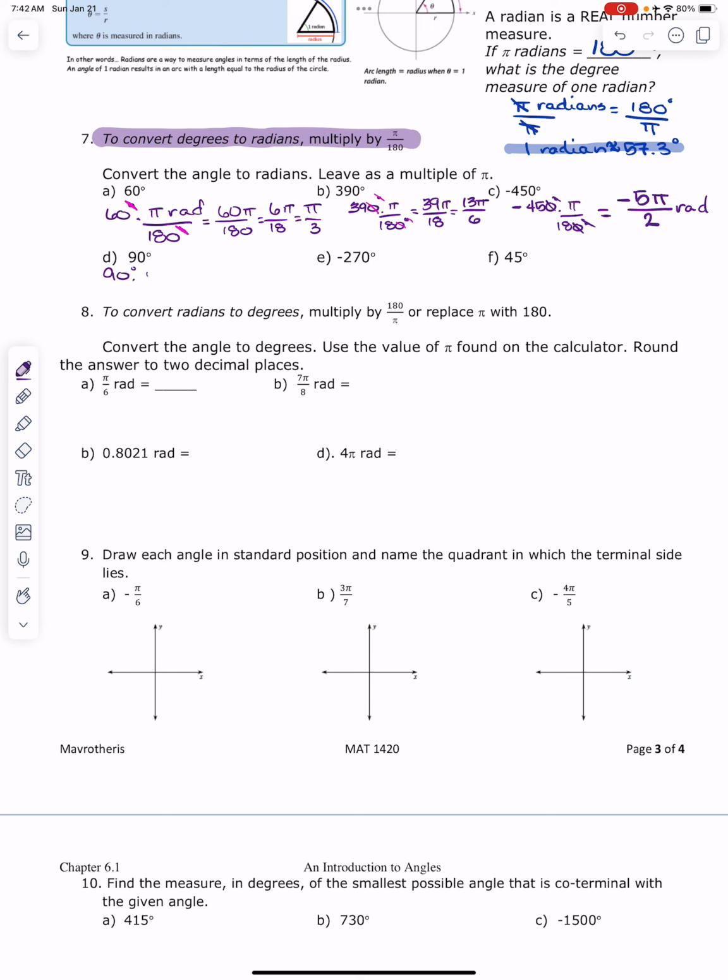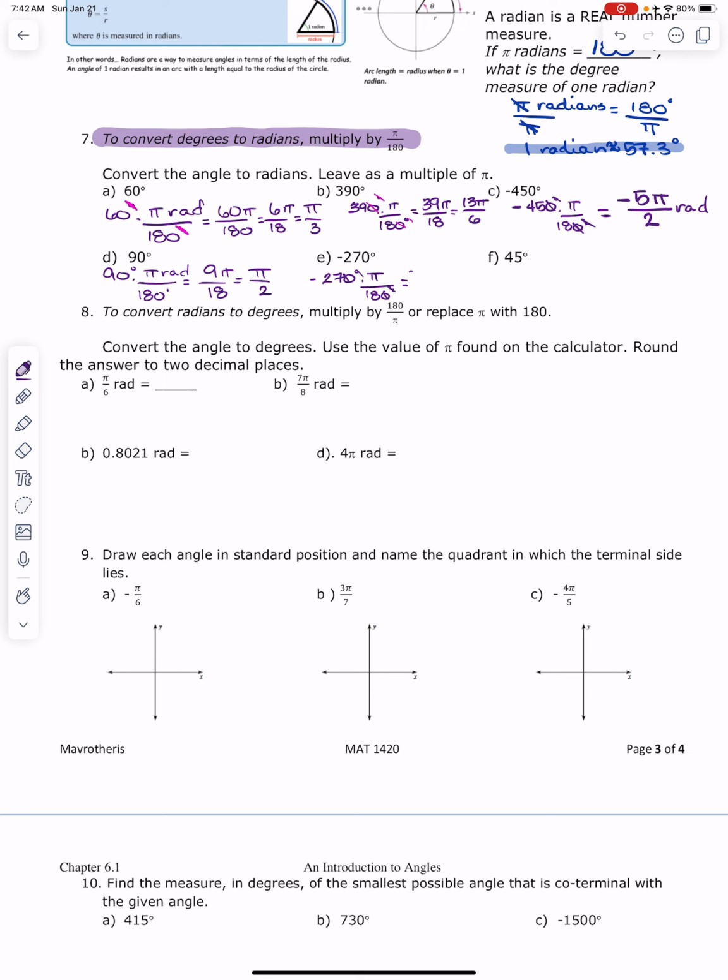90 degrees times pi radians over 180 degrees gives us 9 pi over 18, gives us pi over 2. Notice I don't waste a whole lot of time trying to figure out the largest thing that's going to go in. I just go ahead and go with what seems obvious to start and reduce from there.